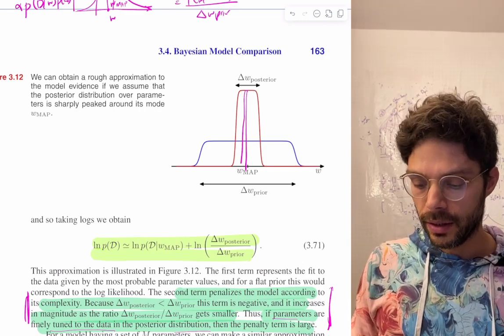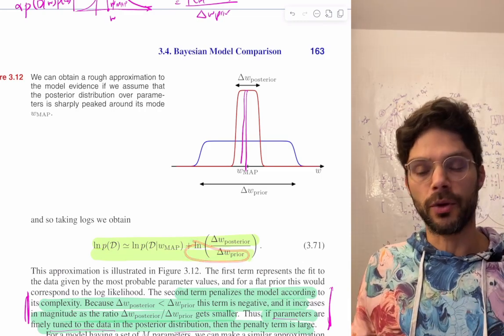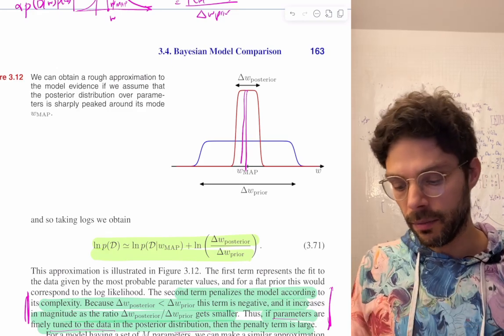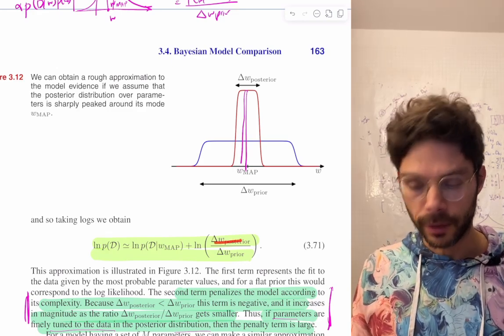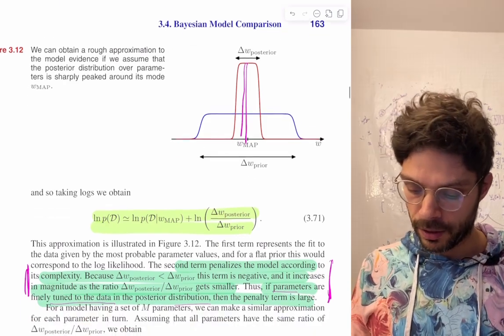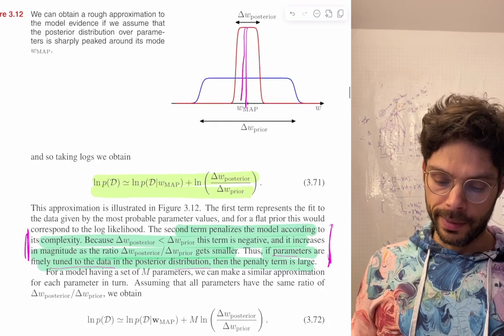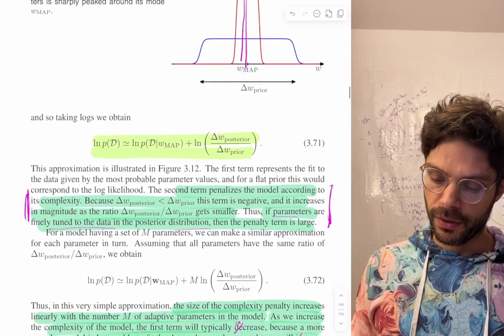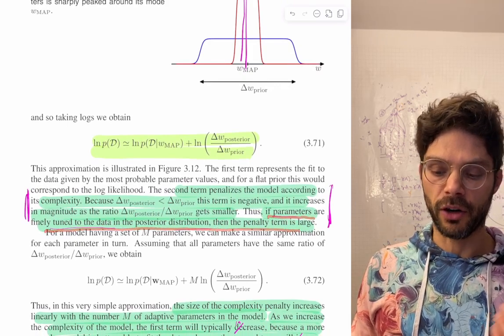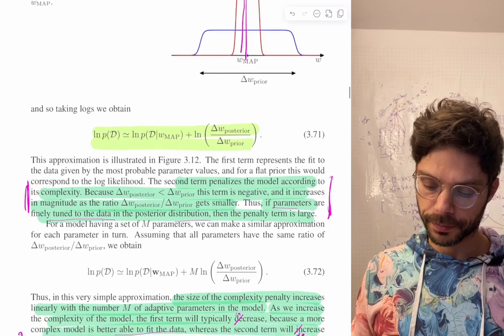So this term will be much more negative, or the posterior will be very sharp, so this will be very small. Those collude to penalize more complex models. If the parameters are finely tuned to the data and the posterior distribution, the penalty term is large, and that's this one right here.